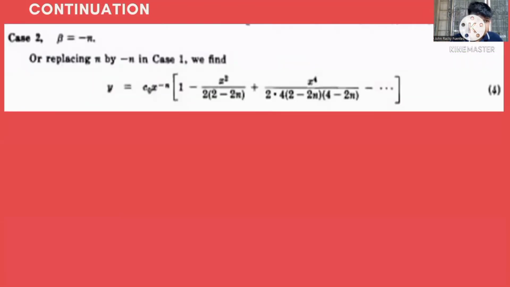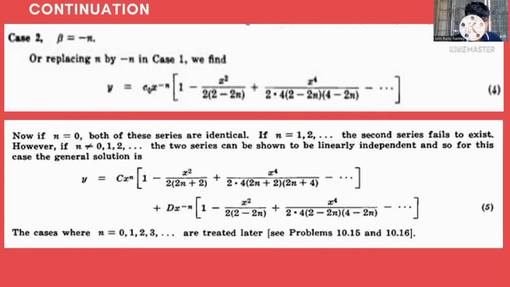Yung katuloy niya. Next is yung case number 2 naman, yung kasunod ng beta is equals to n. Ito naman yung case number 2, beta is equals to negative n. Parang gano'n lang din siya sa kanina. I-replace mo lang yung n by negative n na sa case number 1 na natin. Same lang din siya.